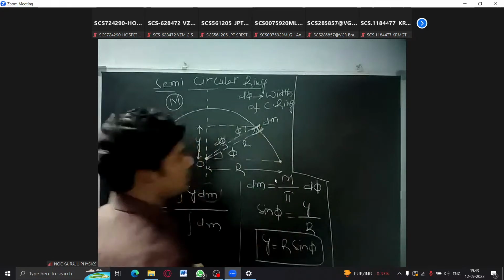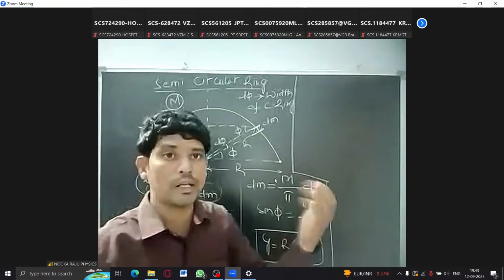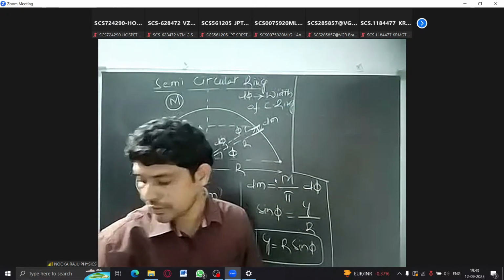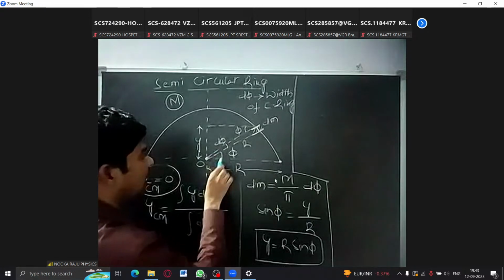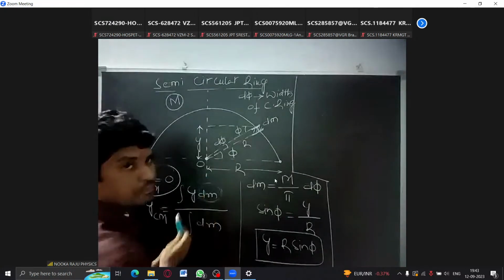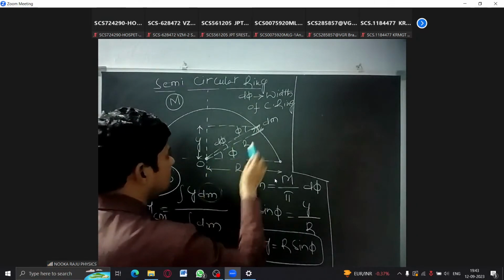Already we know dm means the elemental mass of the circular ring. Now this is the pi value. Automatically this one also equals pi. So this is the radius vector, let it be considered as capital R.